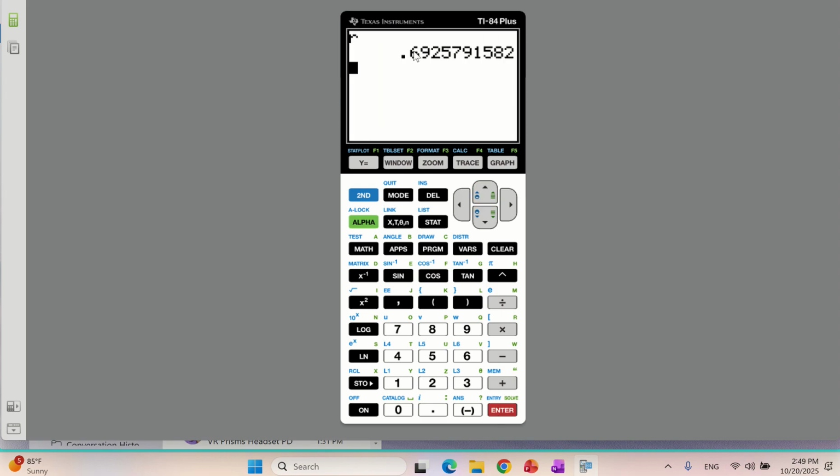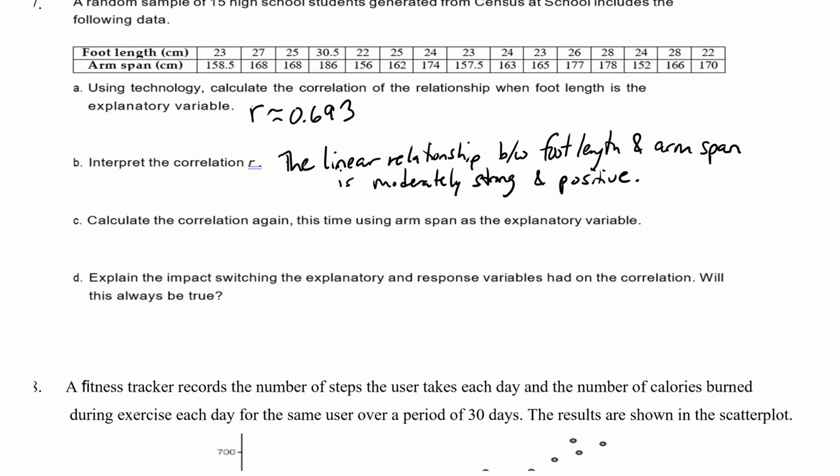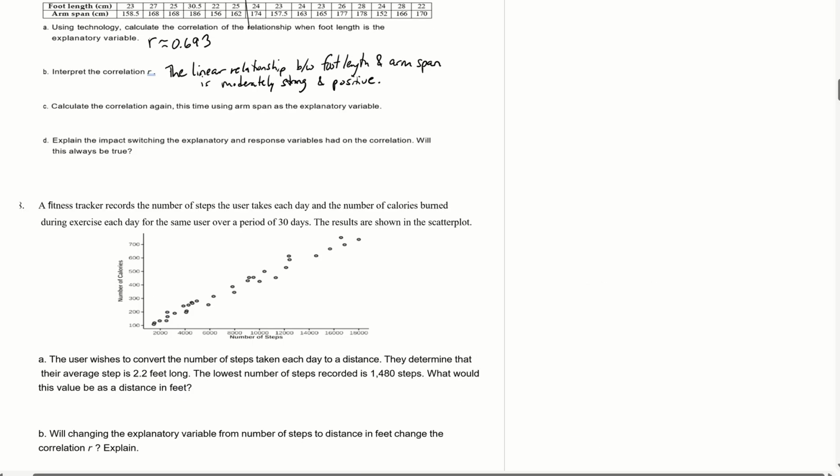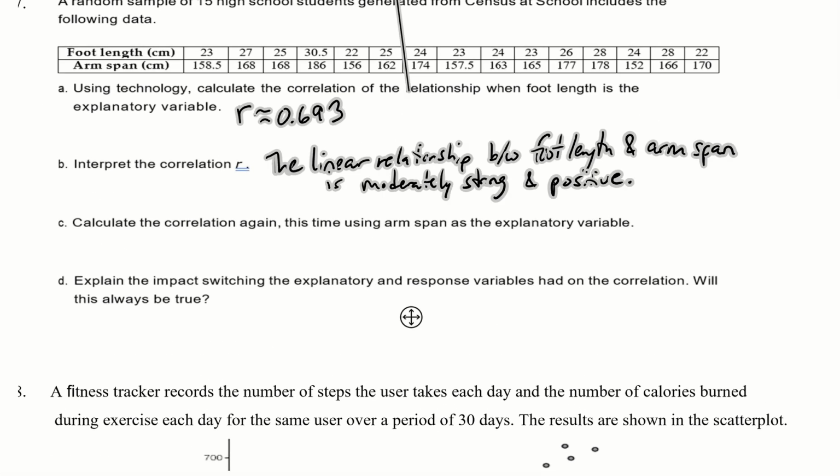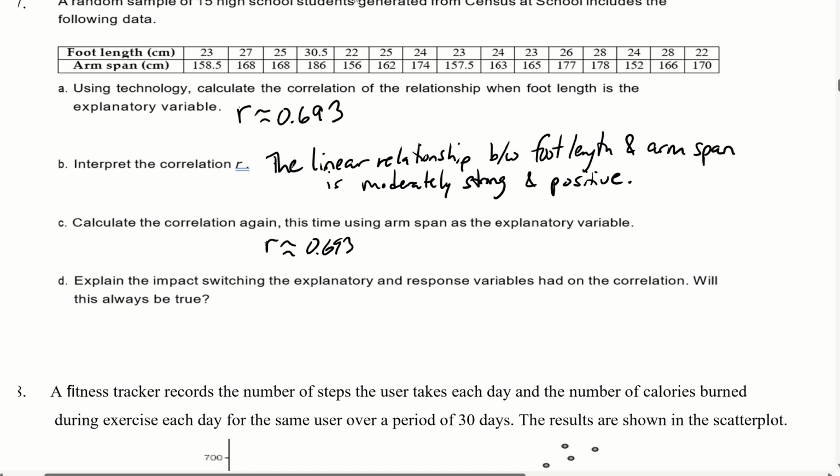Notice the R is the same. It's the same R. And we shouldn't be surprised by that based on our notes, because if you swap X and Y, it's not going to change anything. So here the R is still the same. All right, so R is approximately 0.693. Explain the impact of switching. And will this always be true?